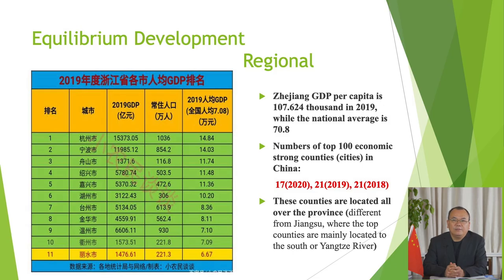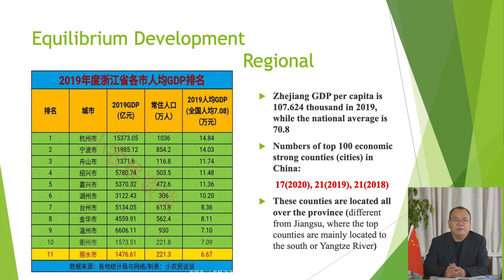Zhejiang has many top economically strong counties or cities in China. In 2018, it had 21. 2019, 21 again. 2020, 17. You can see from this picture the GDP per capita ranking. Number 1 is Hangzhou.